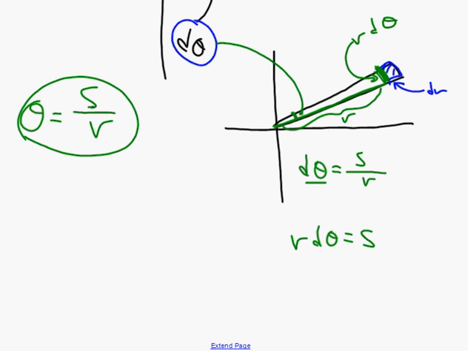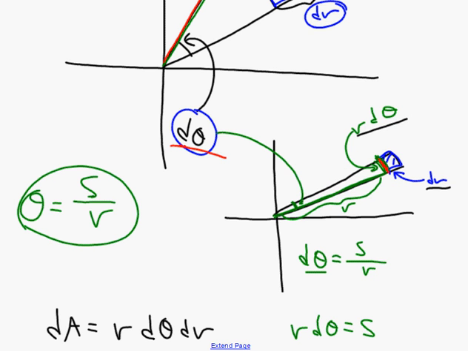Okay? So what does that mean? It means that in the case of polar coordinates, dA is really R d theta times dr. So it's R d theta dr. Now we're ready to finish off our integral.